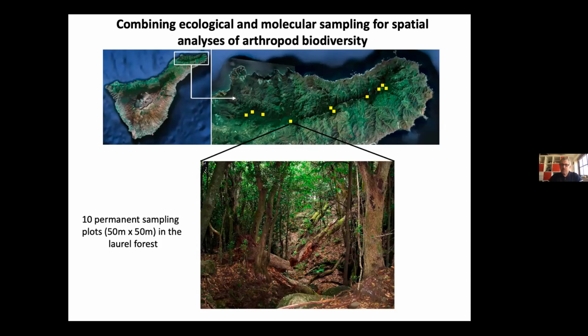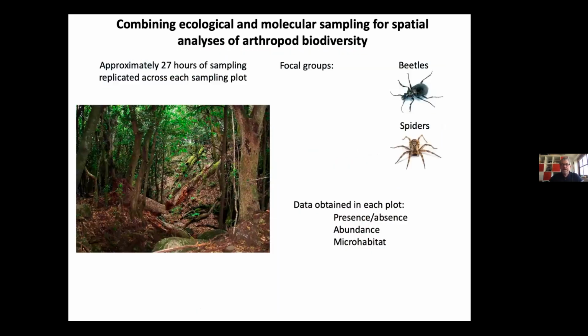So we have these plots, and we had a replicated sampling protocol involving 27 hours of varied sampling techniques across each plot. And the focal groups were beetles and spiders.